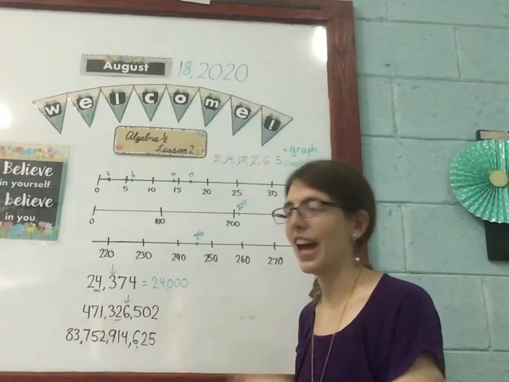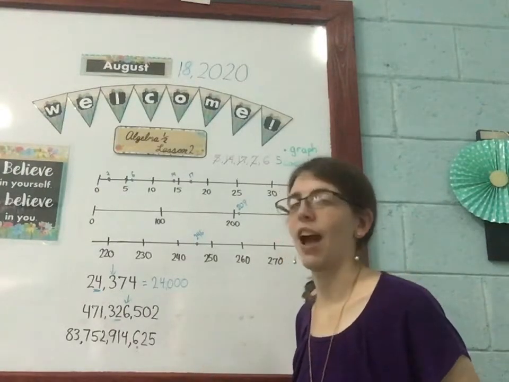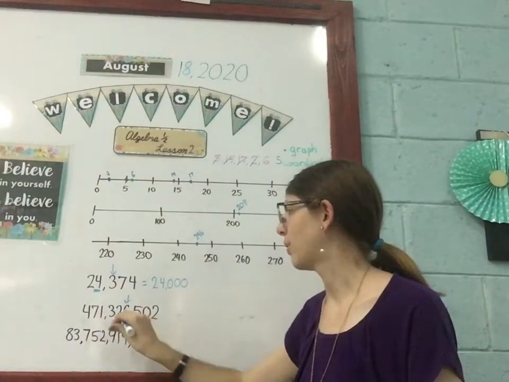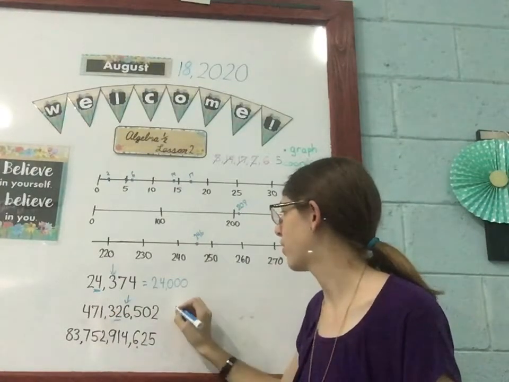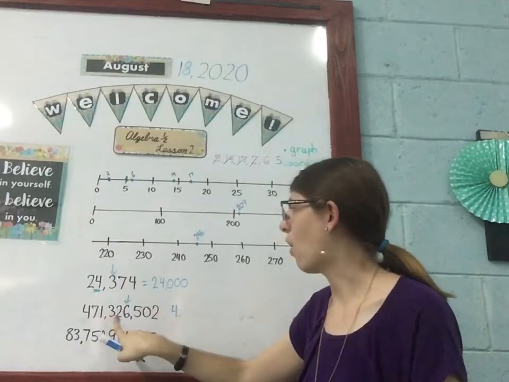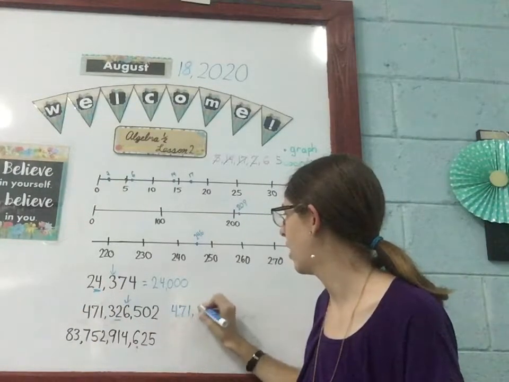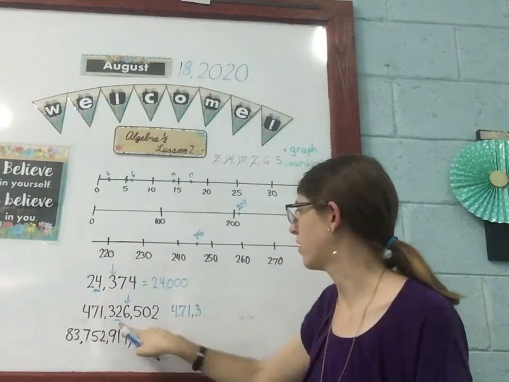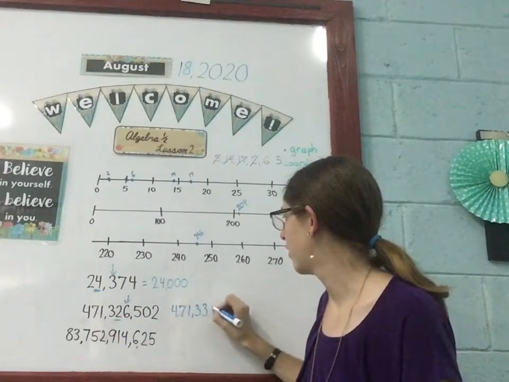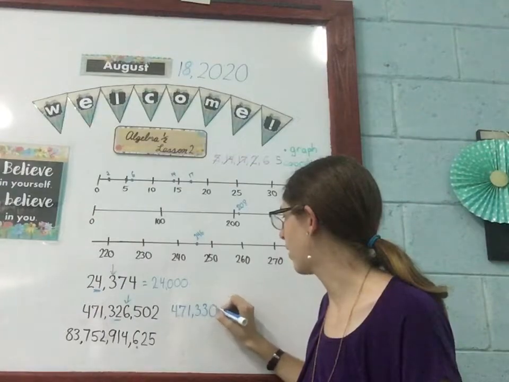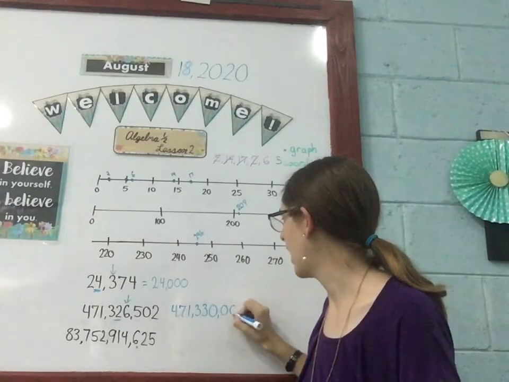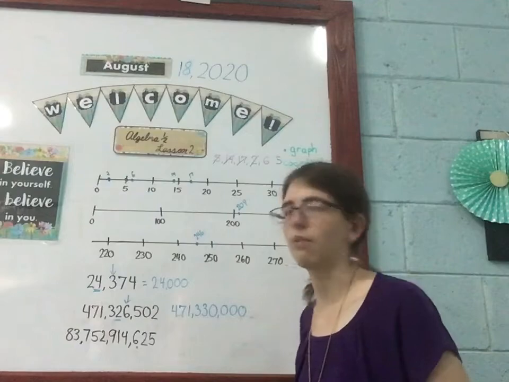It's greater than 5, so I have to round my number up. So I'm going to round that 2 to a 3. I keep all the numbers in front of it, 471,300,000. I round this 2 to a 3, 330,000, and all the numbers behind it change to zeros.